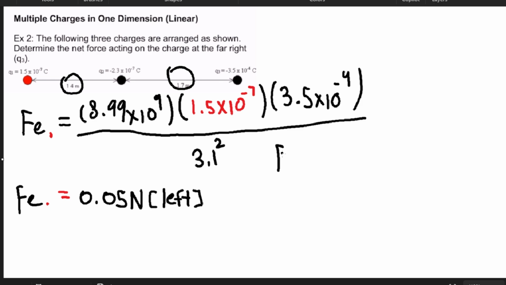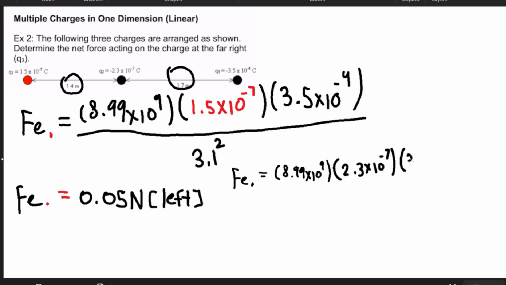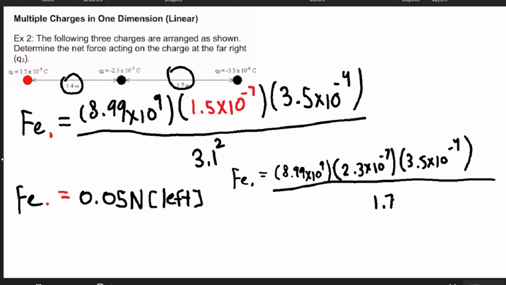So now let's do the calculation for Q2 and Q3, and then black dot just as a reminder that we're doing this and this. So once again, the constant K, 8.99 times 10 to the power of 9, multiplied by 2.3 times 10 to the power of negative 7, multiplied by 3.5 times 10 to the power of negative 4, divided by r squared, which here is 1.7 squared.